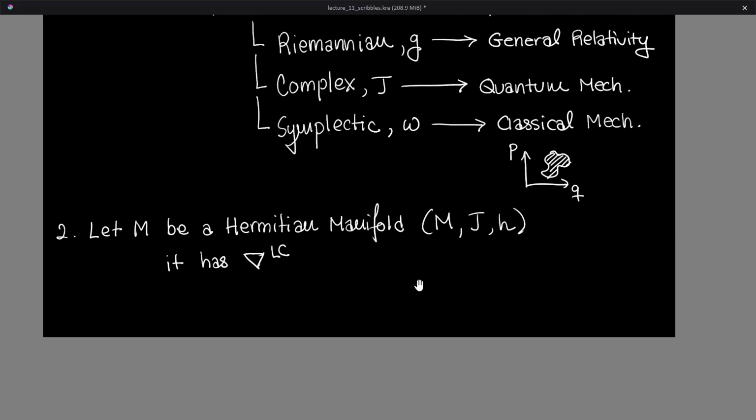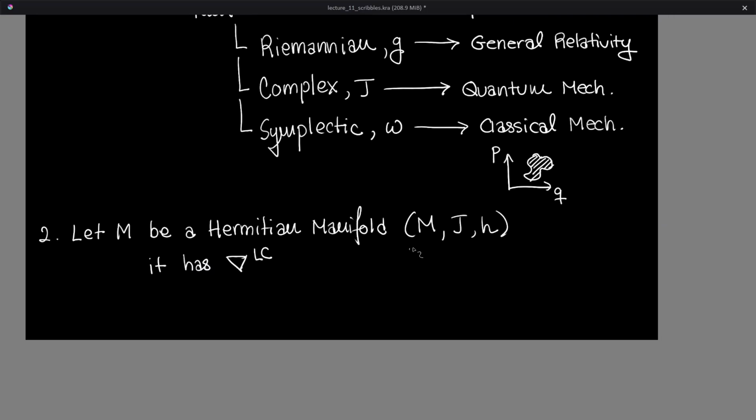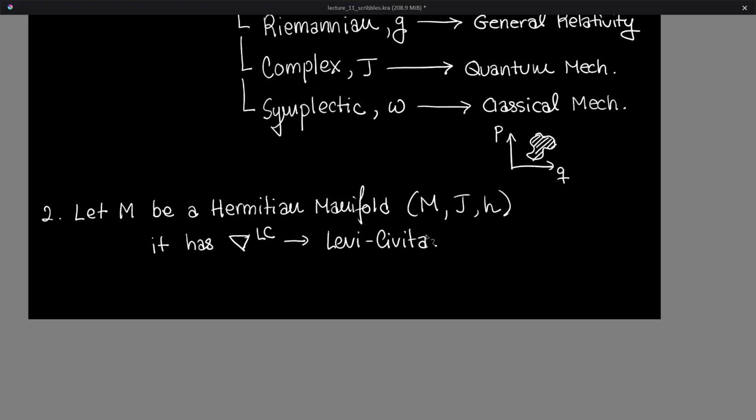I'm putting it in the superscript because otherwise we'll conflict with the covariant derivative. So this Hermitian manifold M will be Kähler if nabla LC of J is equal to 0.